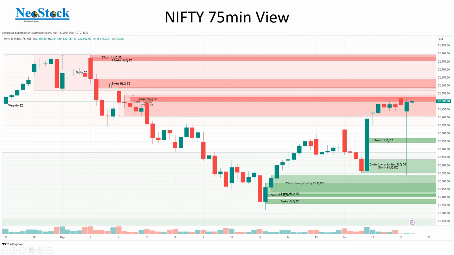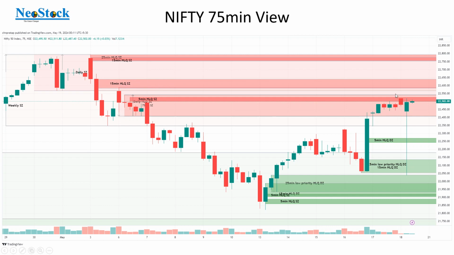I repeat again, this is the origin behind the creation of this entire daily zone. So that means this 15-minute zone is the origin for this daily zone. It picked up the orders from the 15-minute and the daily zone was created. Such kinds of zones have strong order flows.